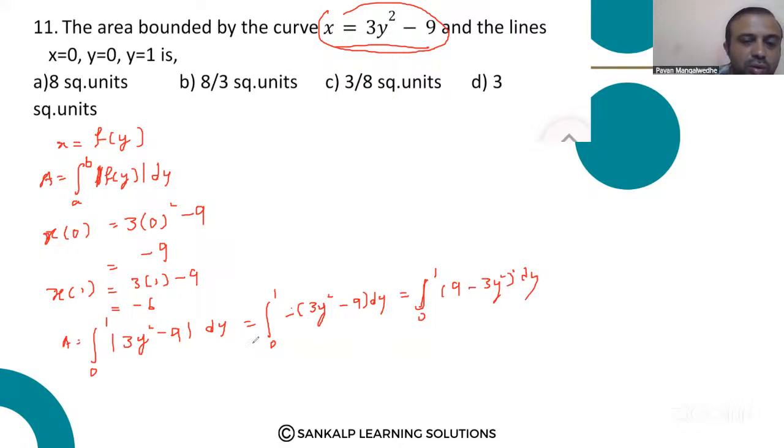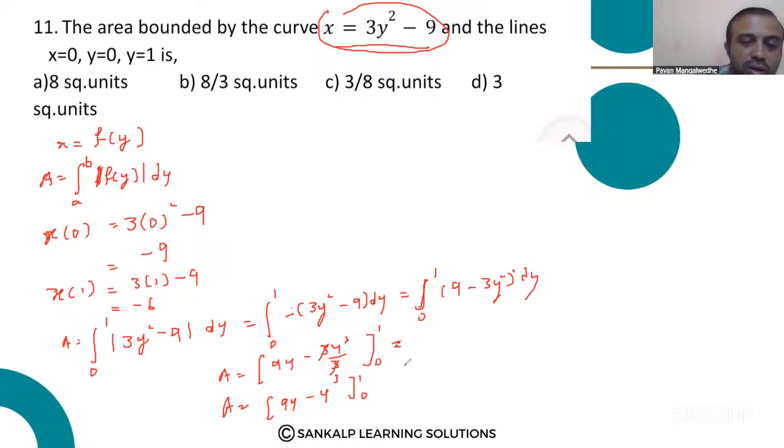So now area is equal to 9y minus 3y cube by 3 from 0 to 1. Which is 9y minus y cube. 3 and 3 got cancelled.